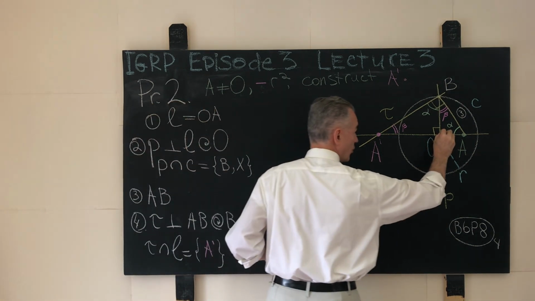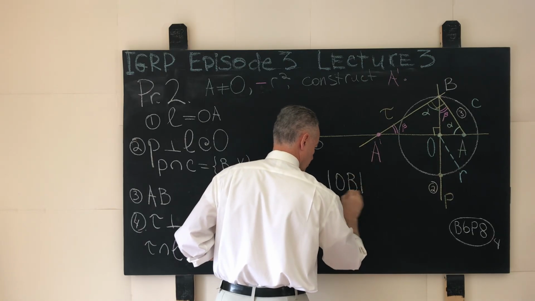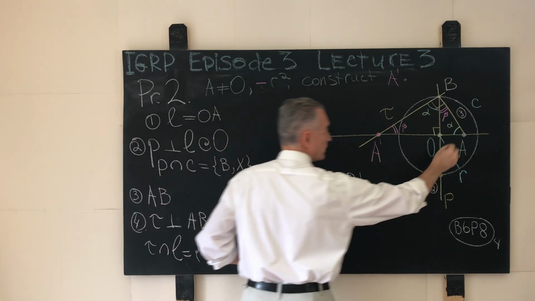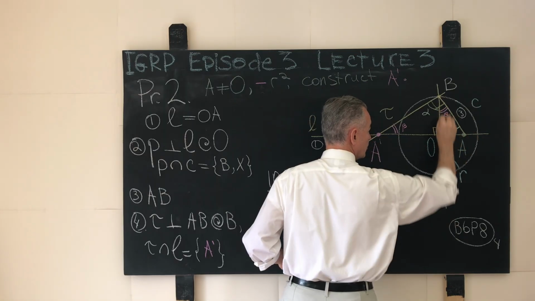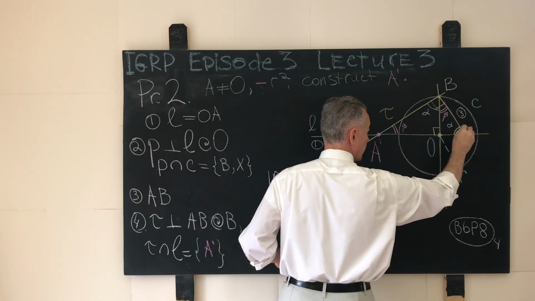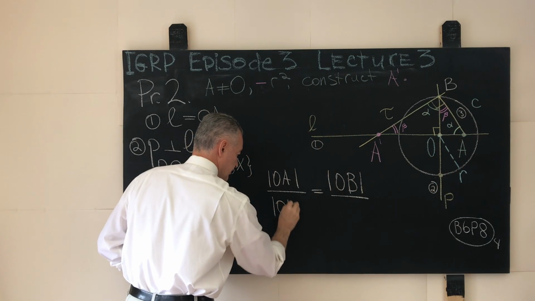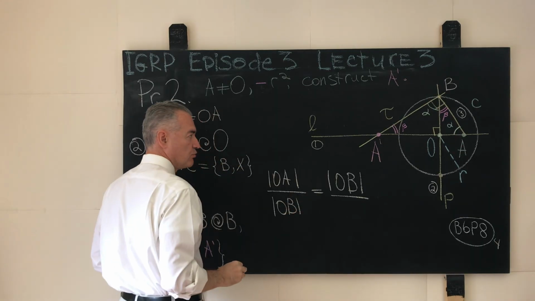Well, it's the side OB, so this will be the distance from the center of inversion to B. Here we relate that distance to the side of the smaller triangle OAB that lies opposite the angle alpha. So this will be the distance from the center of inversion to the point B.